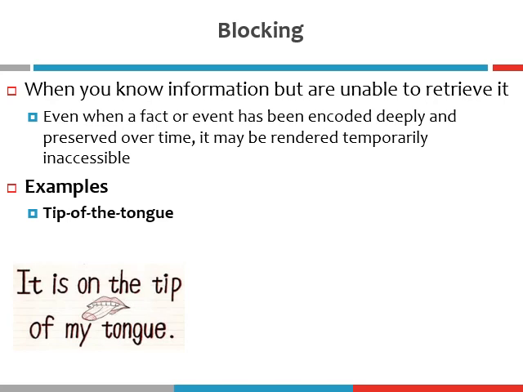And the capital of Florida is Tallahassee. But for some reason, I can't come up with Tallahassee. But I do know that it starts with a T, right? So I know that it starts with a T, and I know it sort of sounds like Tennessee, but I know that's not it, right? So that's kind of the classic manifestation of tip of the tongue.